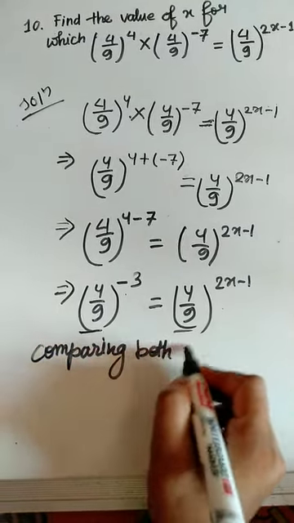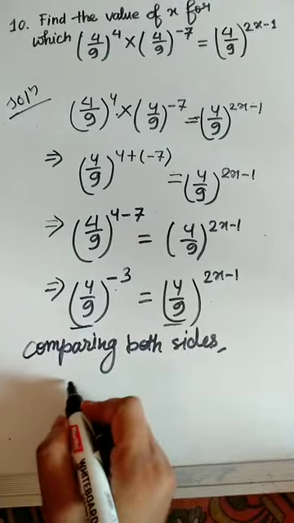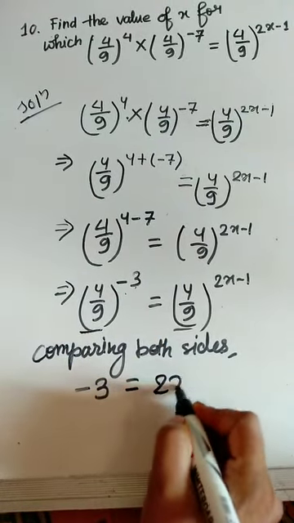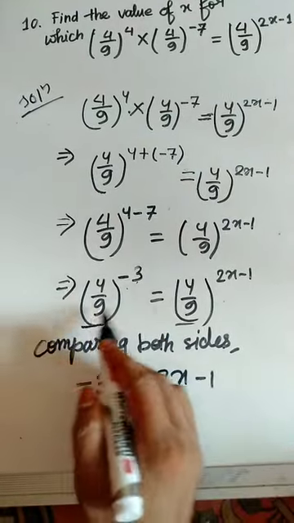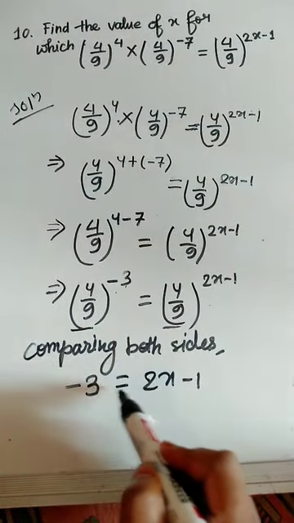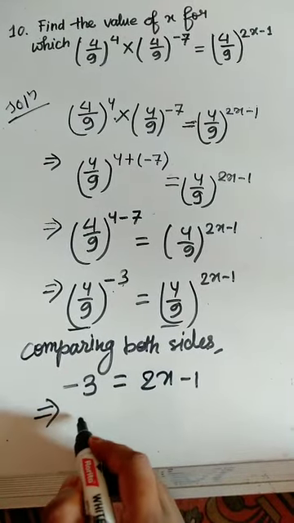both sides. When we compare both sides, then we can use -3 = 2x - 1, because 4/9 and 4/9 both are equal. So we can write -3 = 2x - 1. So we have to solve this one.